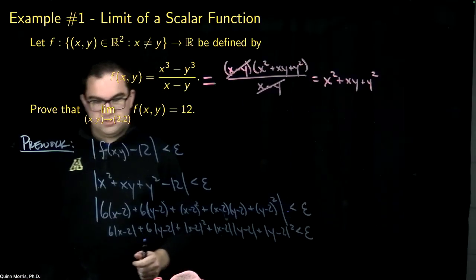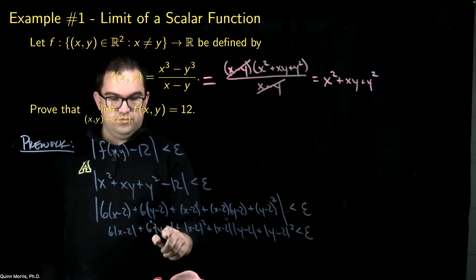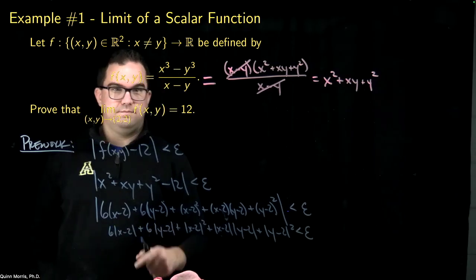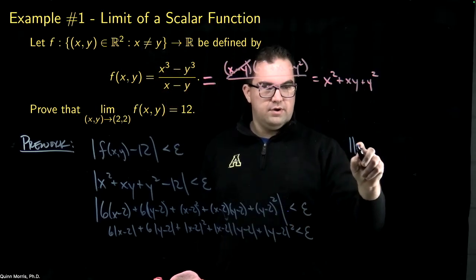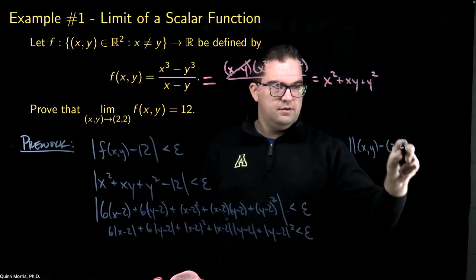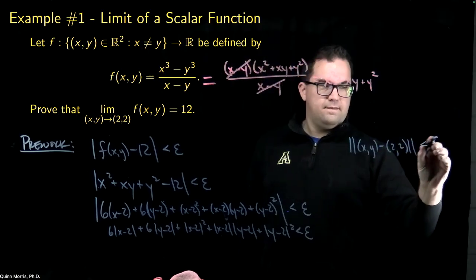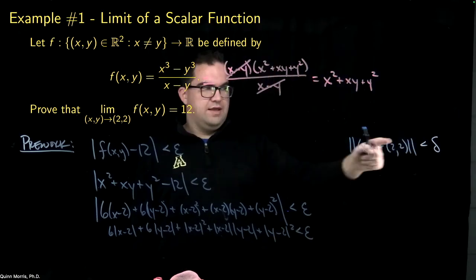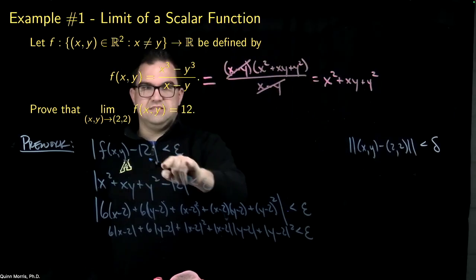And now it actually turns out that if I look at these two terms, I'm going to assume that the difference between (x,y) and (2,2) is my goal, eventually to say that's less than some delta, and if this is less than delta, then this is less than epsilon.